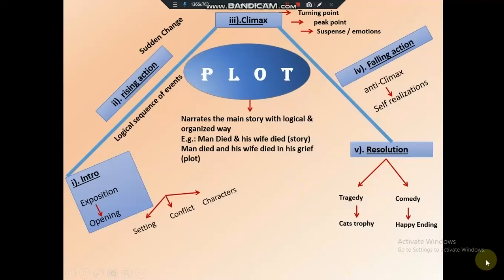The most important element is the plot: how the story moves from the beginning till the end in a proper, perfect way. Now I am going to explain all the events through text and explanation. Let's begin. Girls, the reading and explanation.